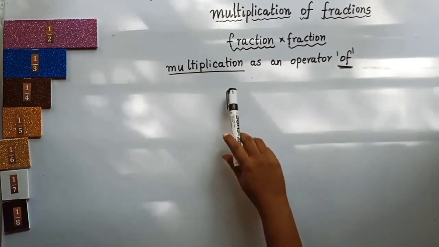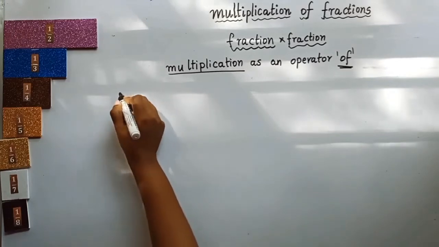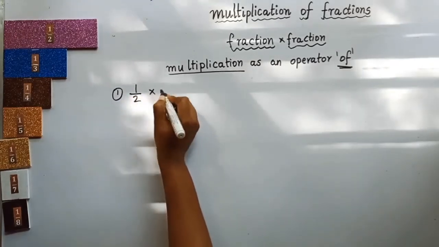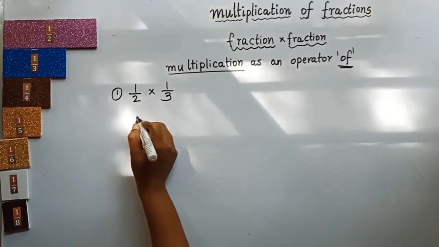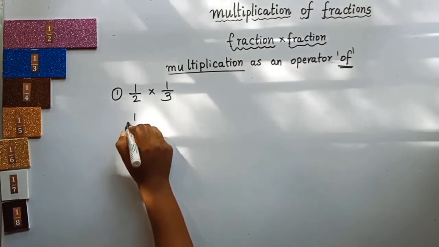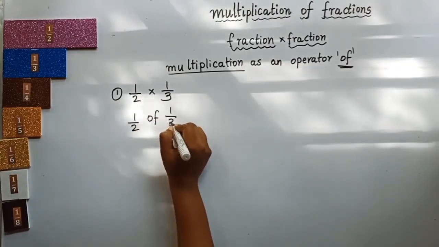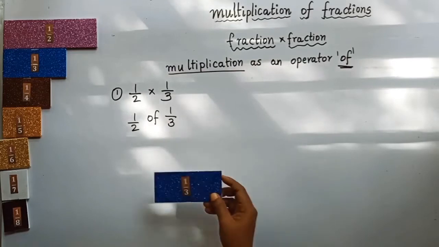Here we are using multiplication as an operator of. Half into 1 by 3 means half of 1 by 3.